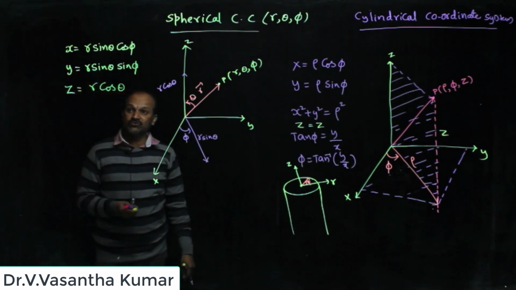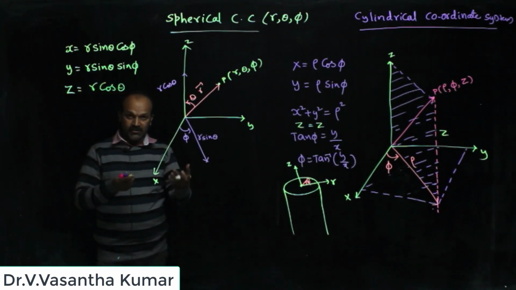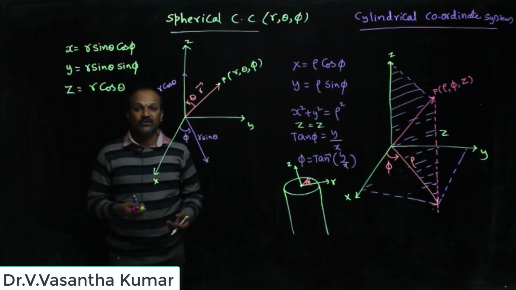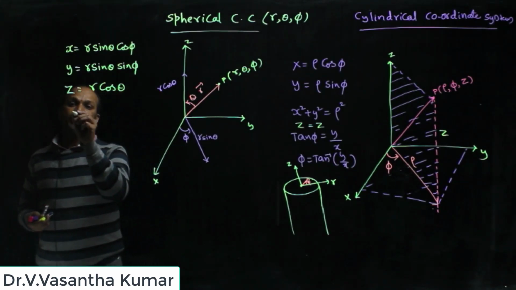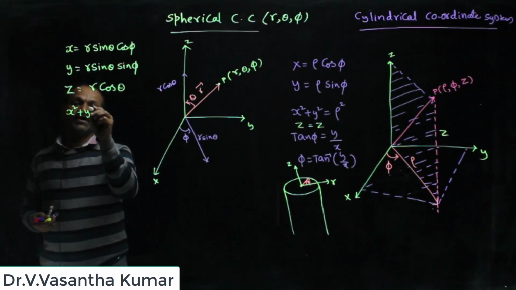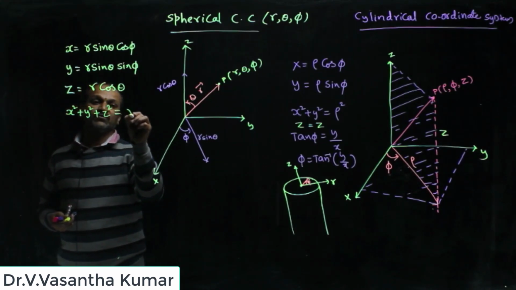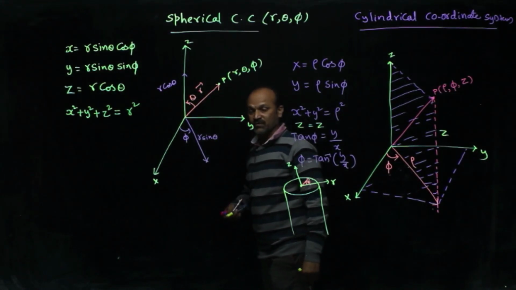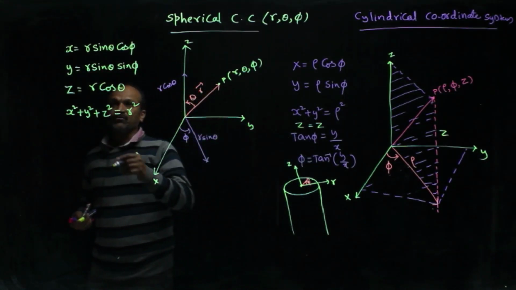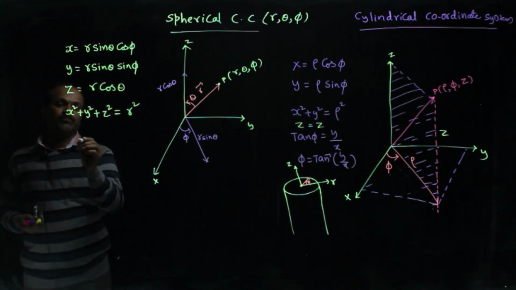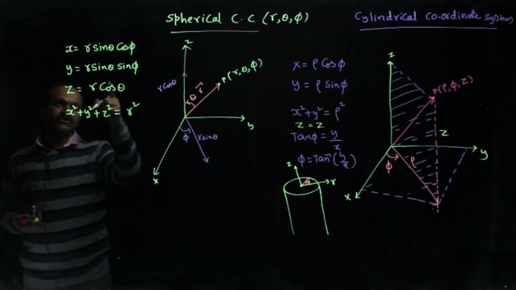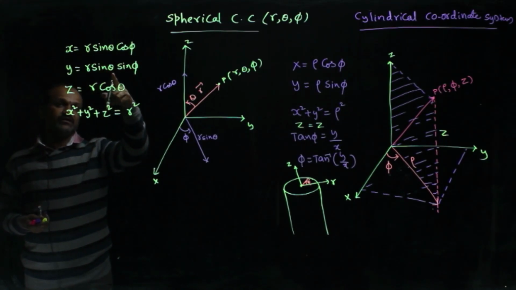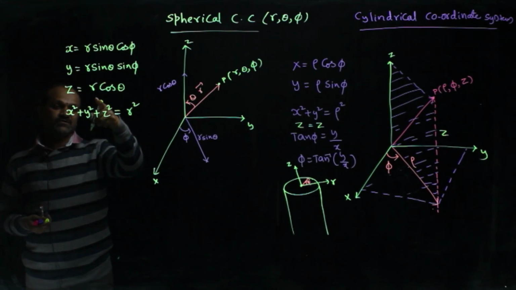Now you have to find out what is r, and also what is theta, and also what is phi. Okay. So if you take x square plus y square plus z square, this will be equal to r square. You just substitute, you will get x square plus y square plus z square is equal to r square. Now take theta. If you want to calculate tan theta, x square plus y square will give r square sin square theta divided by z square.